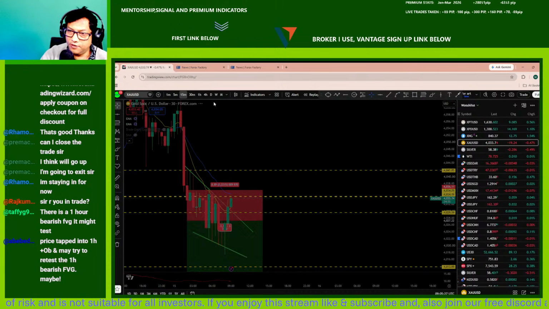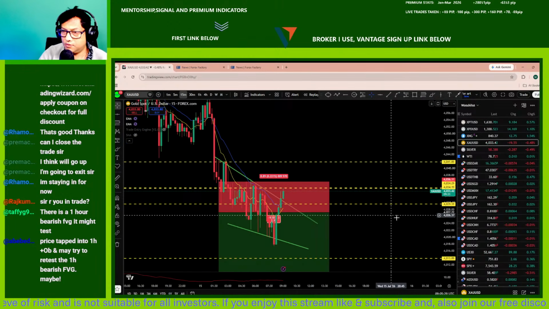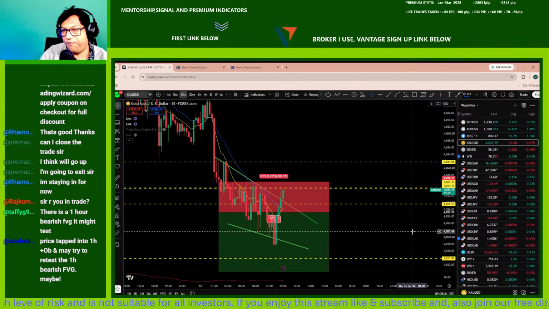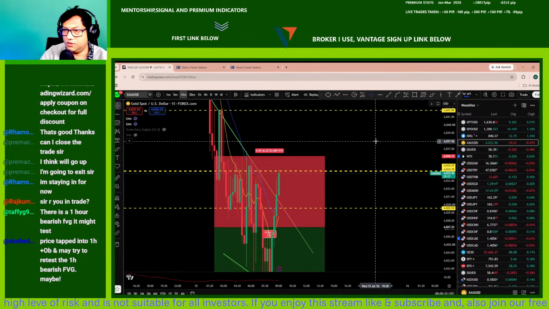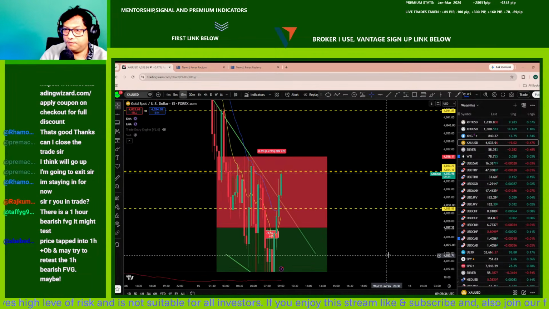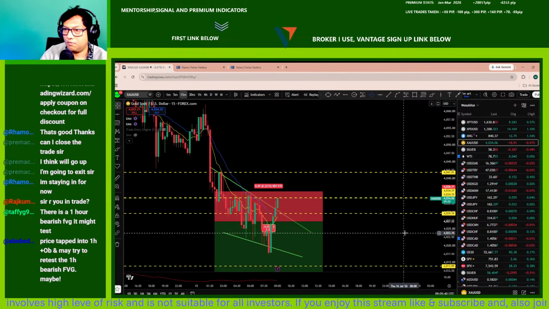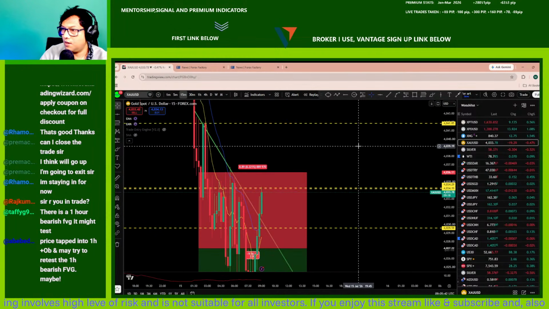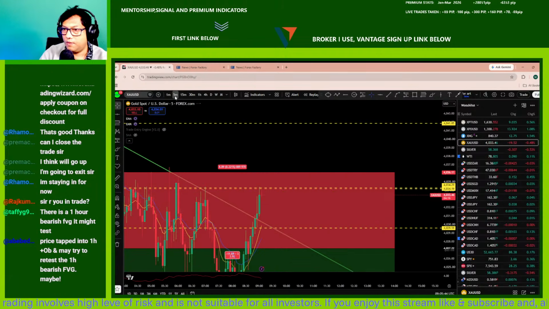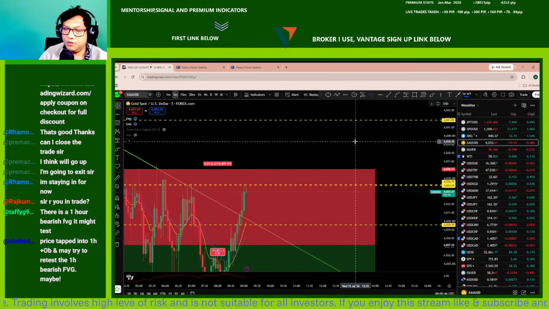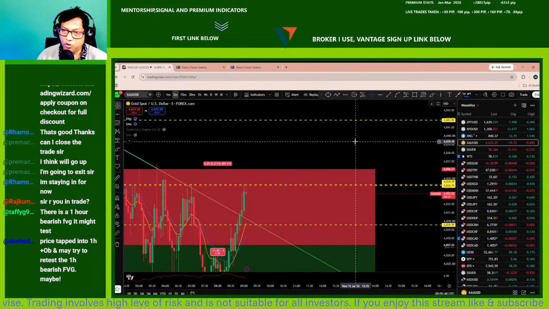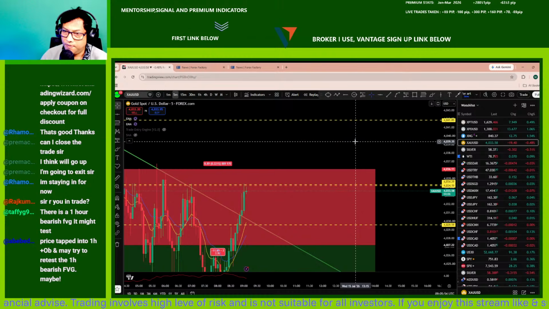We're looking at here for the 15 minutes move, which was without any pullback from here. Okay, so I'm on it to see where the market is going at this time.